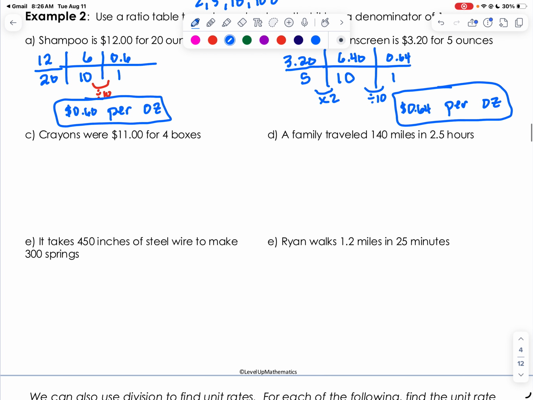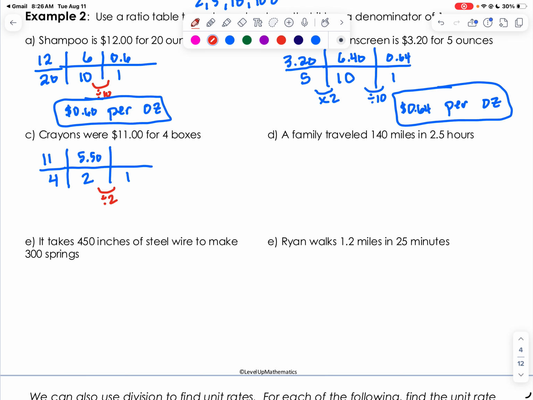All right. Crowns were $11 for 4 boxes. So our cost is 11 over 4. Now I'm going to scale this down to 1. So if I take half of 4, that would be 2. And if I take half of $11, that would be $5.50. Now, once you have a denominator of 2, it's easy to scale that to 1 because all you have to do is divide by 2.